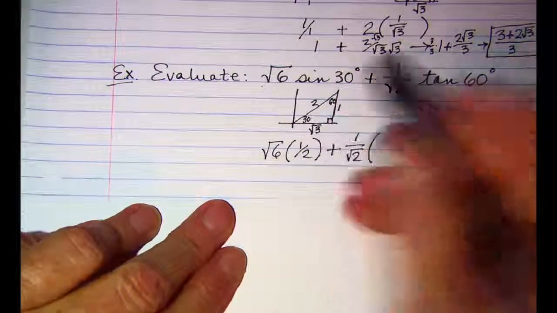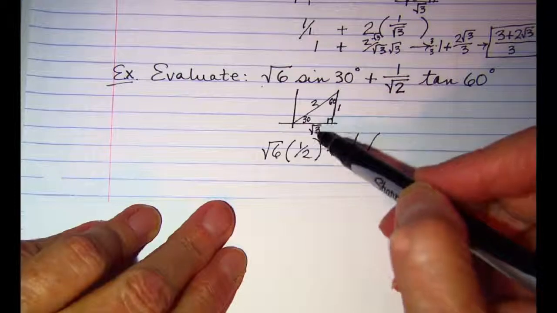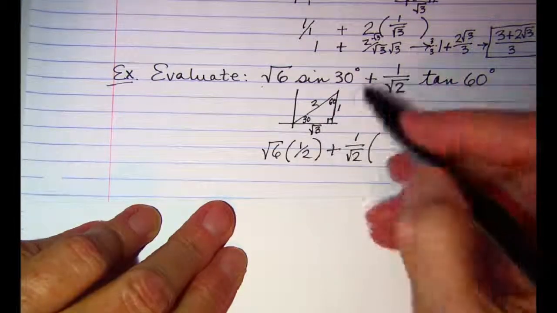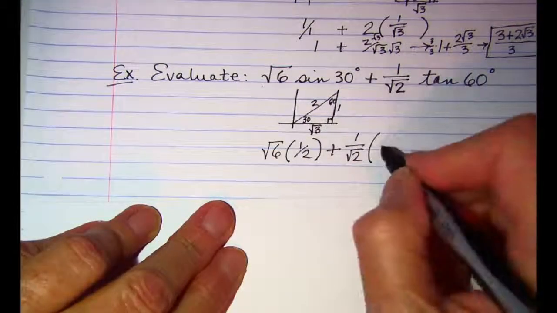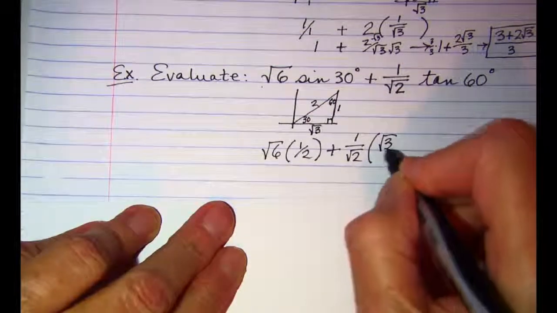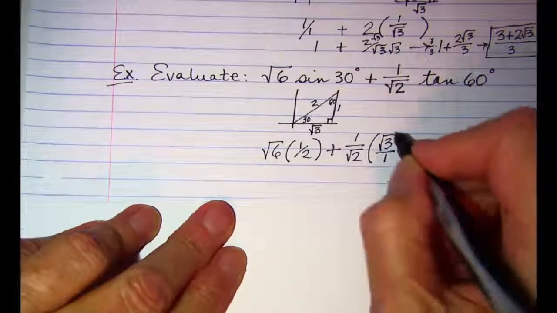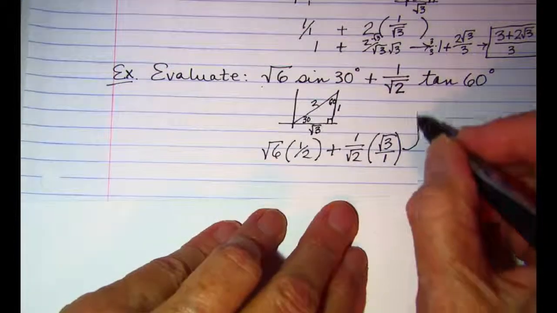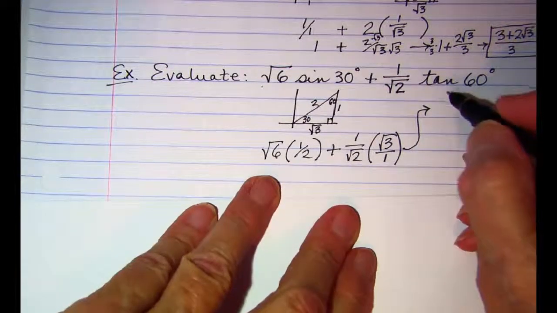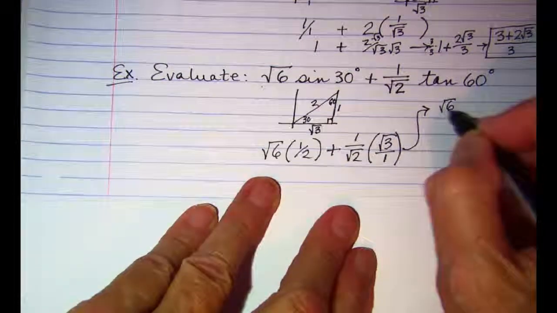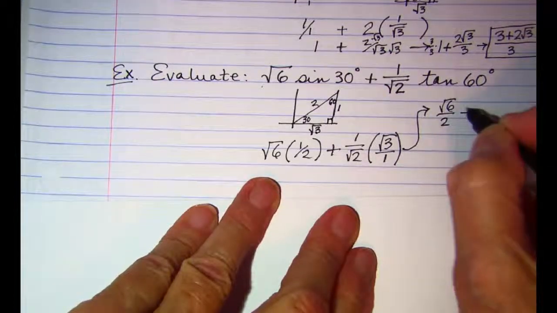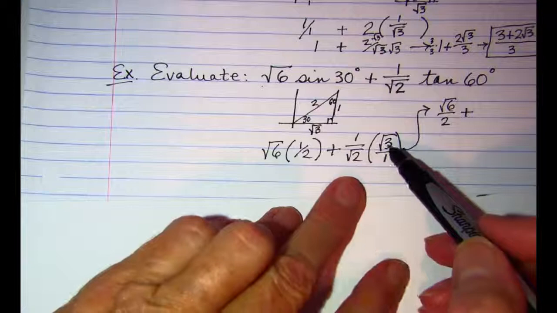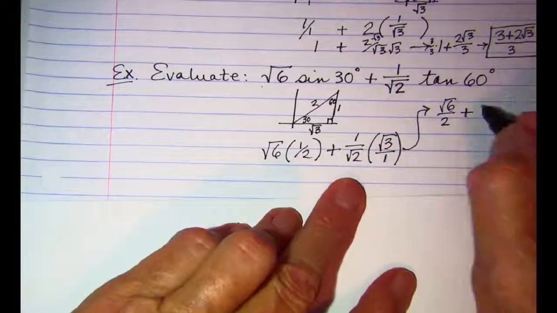So my opposite of 60 is root 3. My adjacent is 1. So this is root 3 over 1. When I multiply, it becomes root 6 over 2. This one becomes root 3 over root 2.